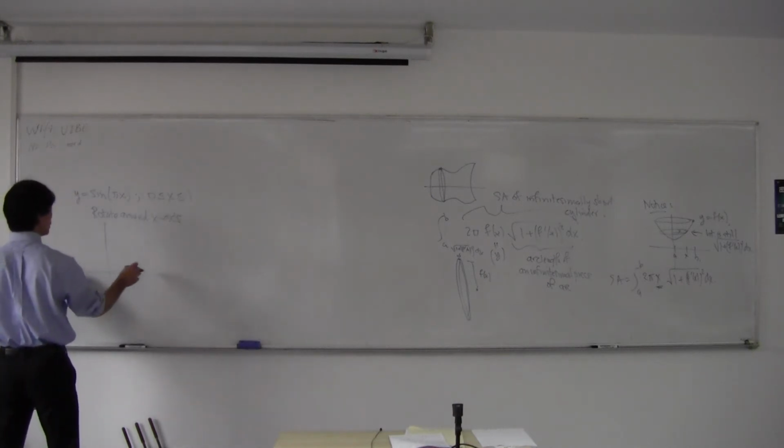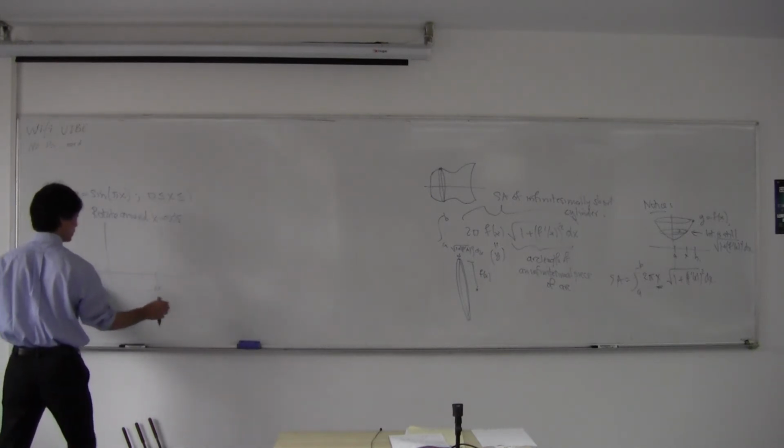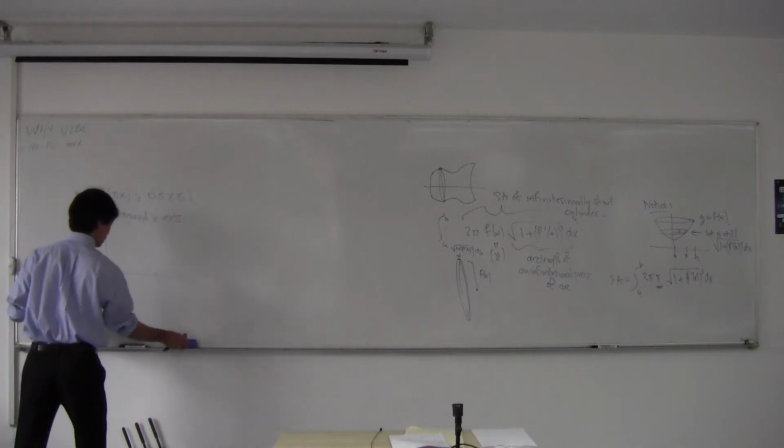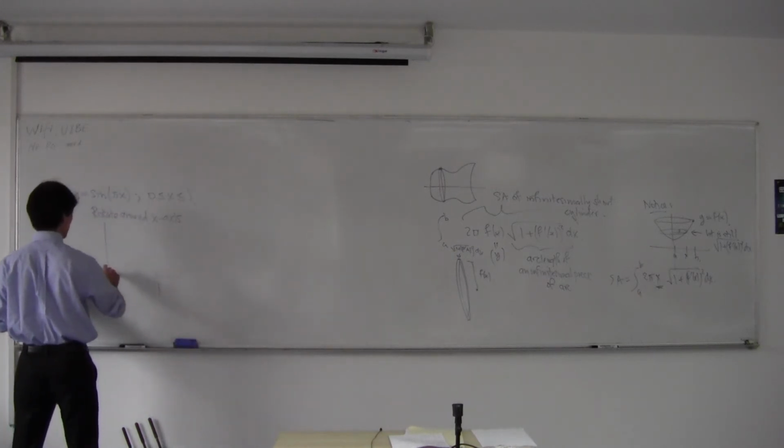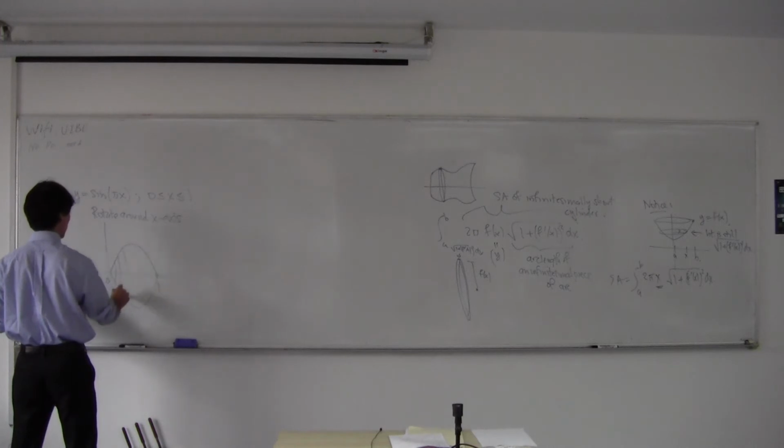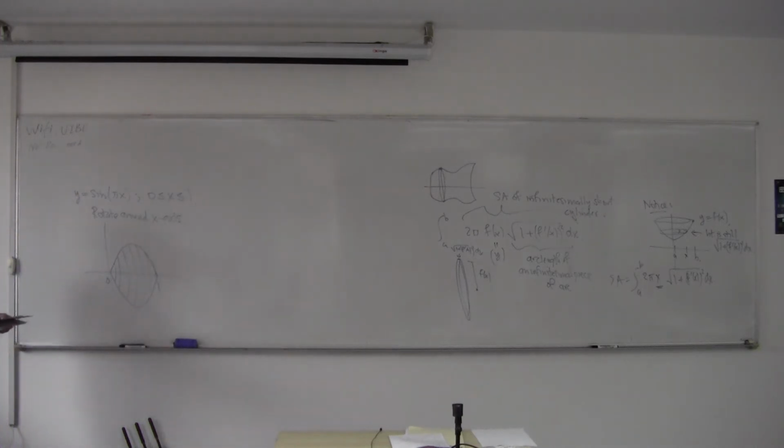So you've got 0 to 1, you've got this thing here, and you rotate it around the x-axis. You get this surface here, and you're wondering what the area of the surface is. Take 1 minute and write down the integral.